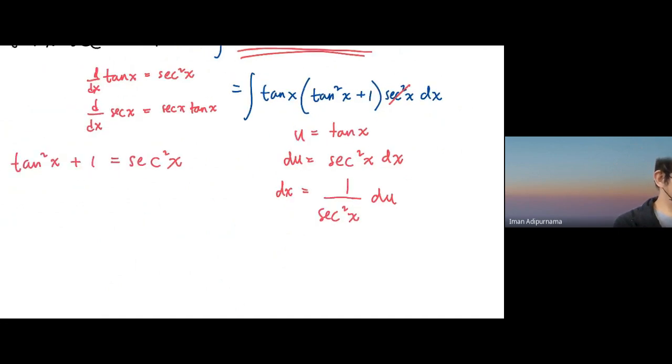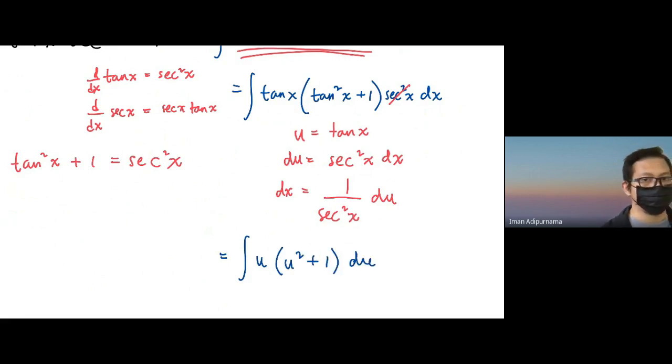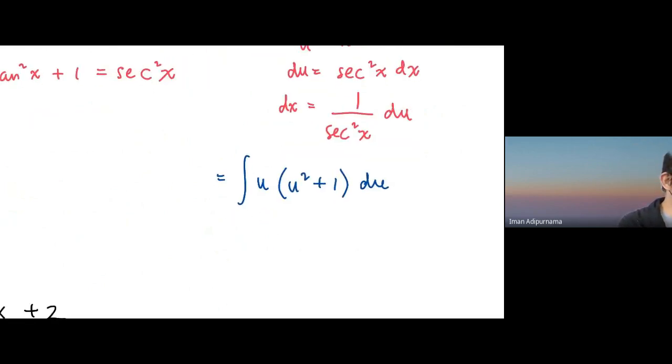So you will have the integration of u squared plus 1 du, or this will be u cubed over 3 plus u, or we can have 1 over 4.